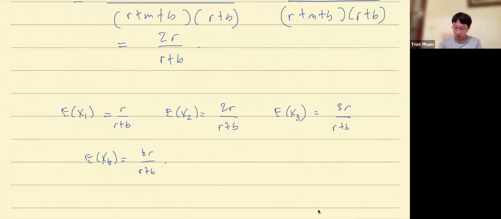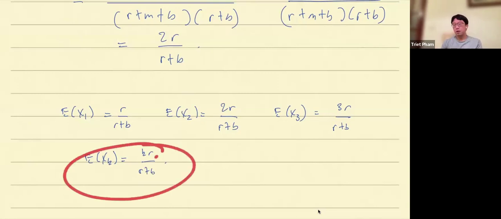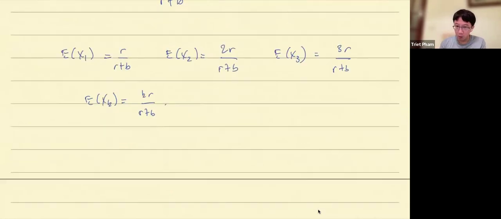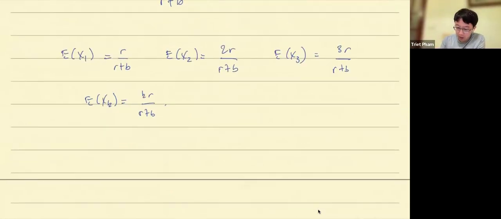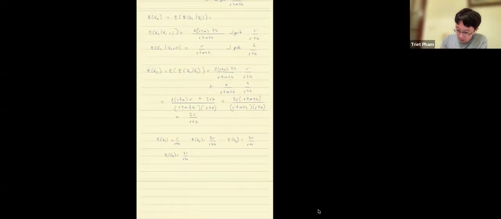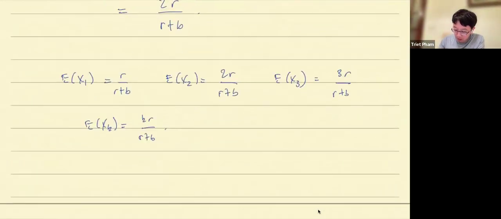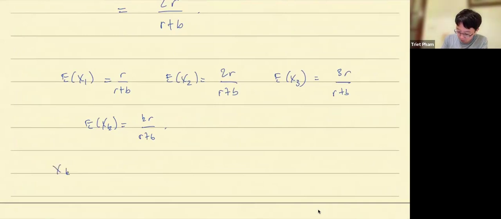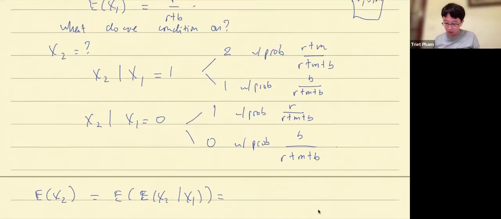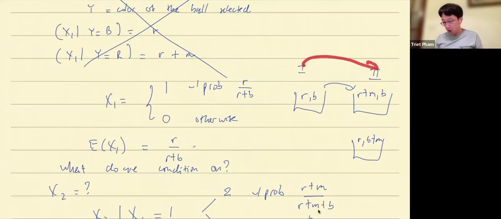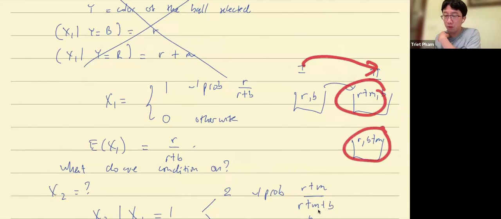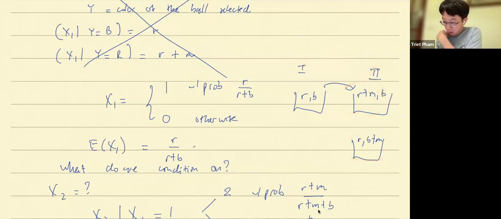Okay. But in order to do this, we need an induction step. How would that work? Well, the obvious thing to condition on is xk minus 1. Because notice the whole thing with Polya's urn is that at each stage, the composition of red and blue will change according to what you picked.